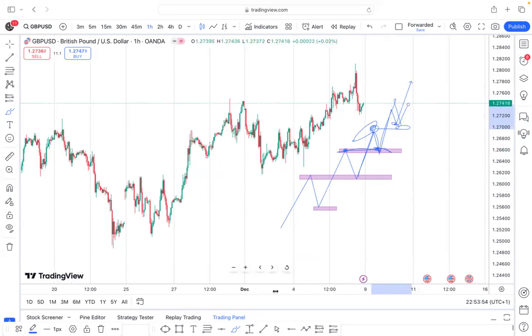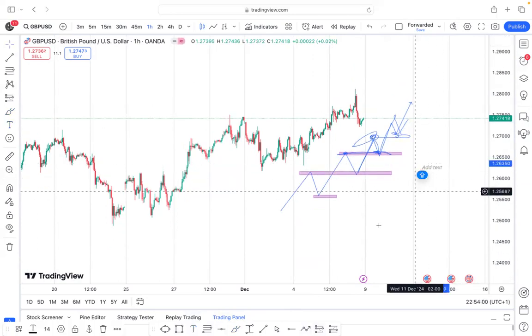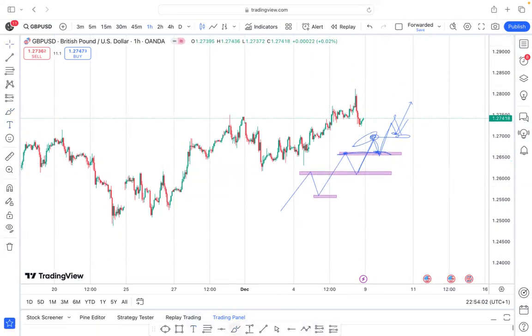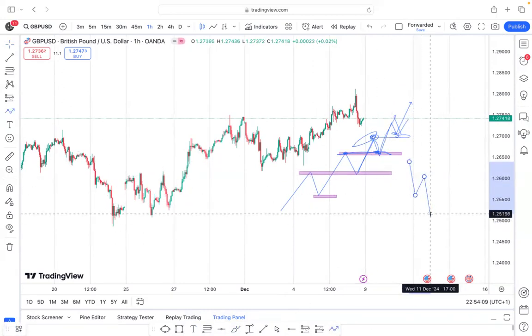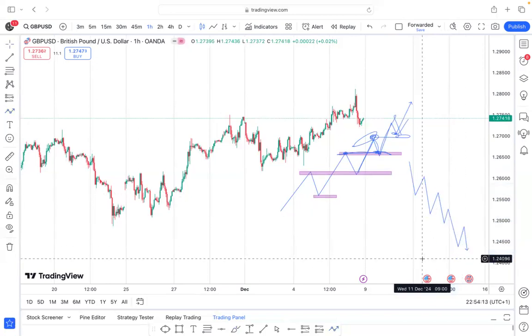Same thing in a downtrend, right? In a downtrend, we are looking to sell. We are looking for sales, right? So if price should break a support level, it can potentially become a resistance level.